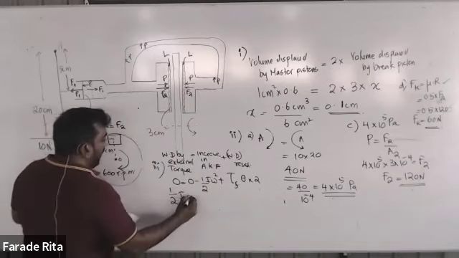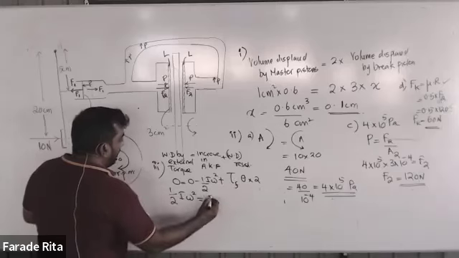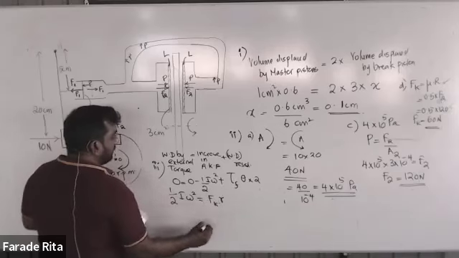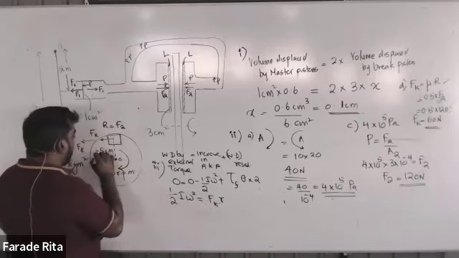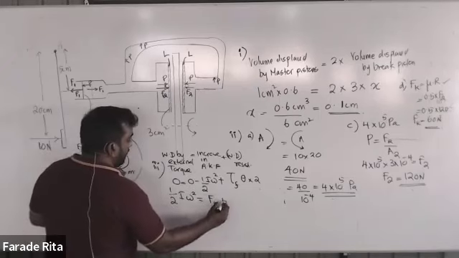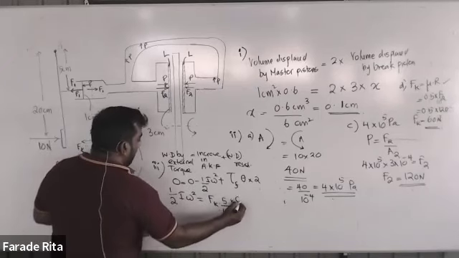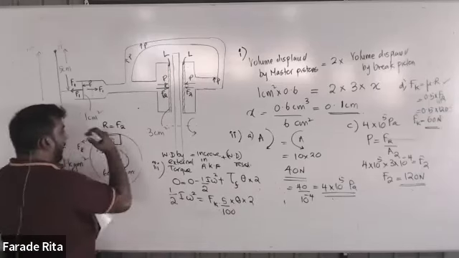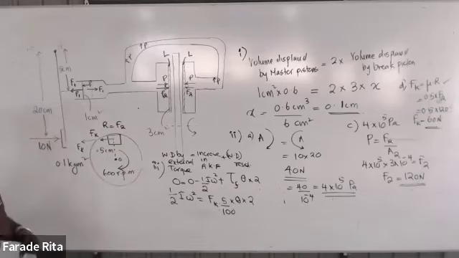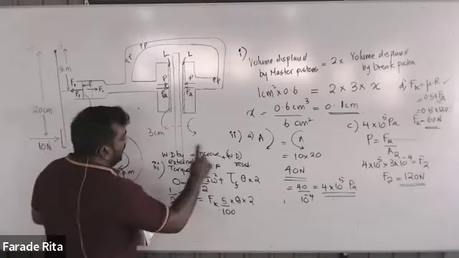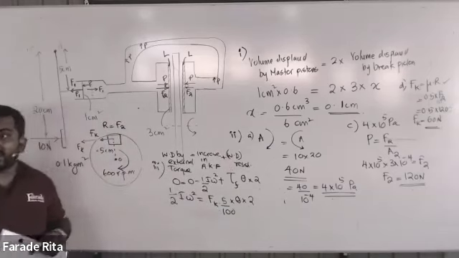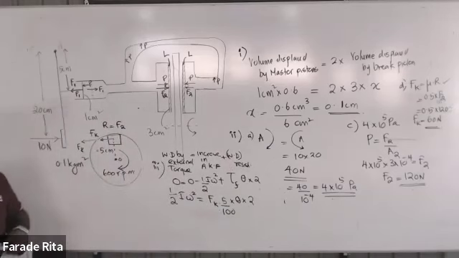Half I omega squared. Frictional torque is friction into distance, 5 centimeter. That's your torque, into theta. Front and back, both there are torques. How many of you all use this equation? Remember, there is rotation and there is slowing down.